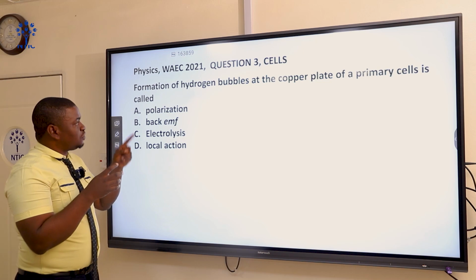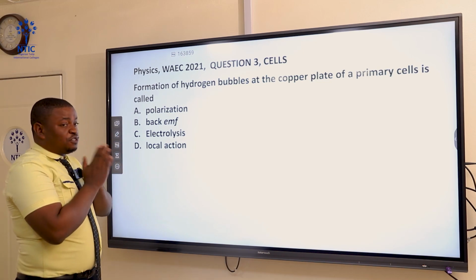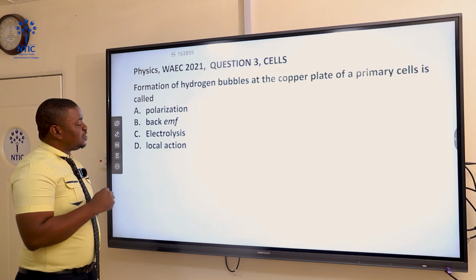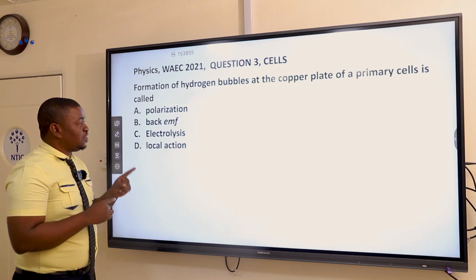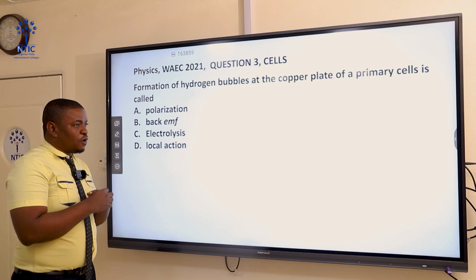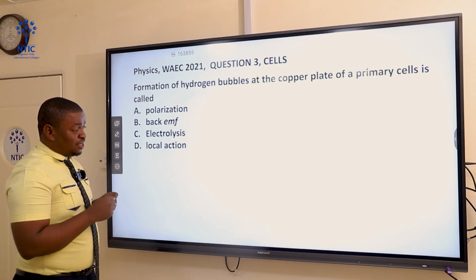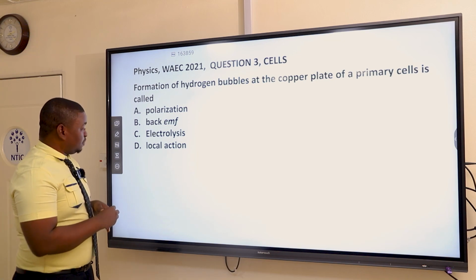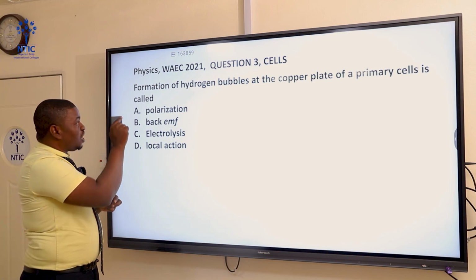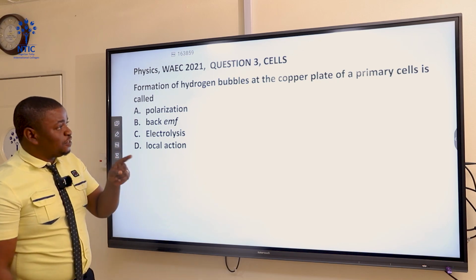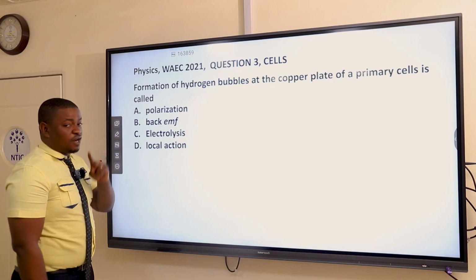This results in the gathering of hydrogen bubbles at one of the electrodes of the cell. Now, how do you reduce this? You reduce this by using a depolarizer. An example of a depolarizer is manganese IV oxide. Now, polarization is what is defined in the question. So, the formation of hydrogen bubbles at the copper plate of a primary cell is called polarization.